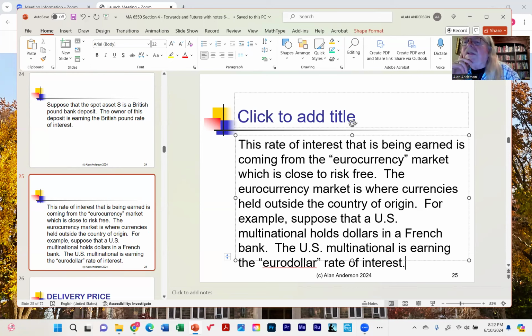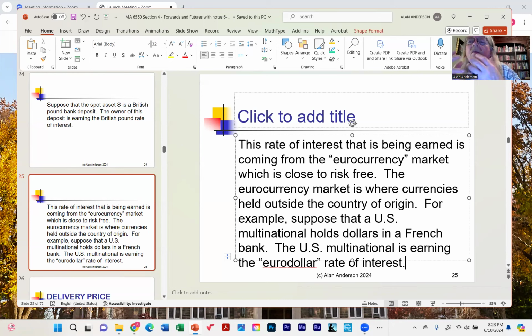I don't remember all the exact details, but he was able to keep his money in London without holding it in the form of rubles, which are essentially worthless. It wasn't pounds, it was probably dollars. So in other words, he moved his dollars out of American banks into British banks, but he continued to earn the US rate of interest. So those deposits became the first euro currencies.